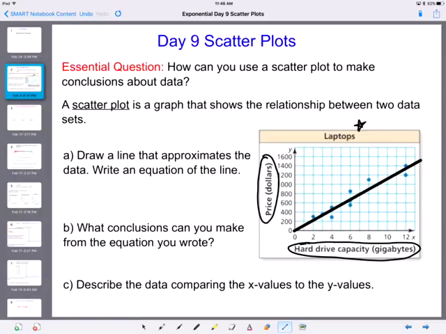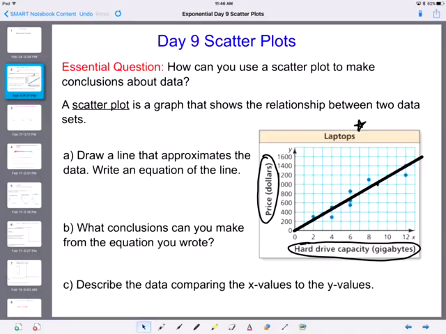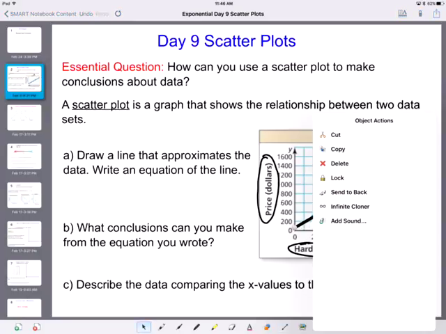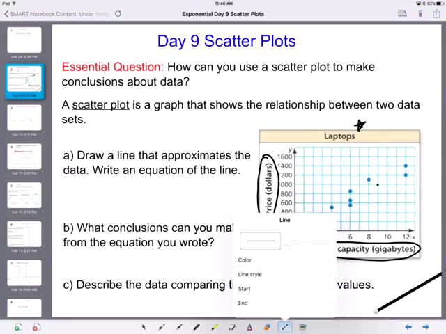So we want to have about the same amount of dots on either side of our line. So let's draw a skinnier line that we can see.